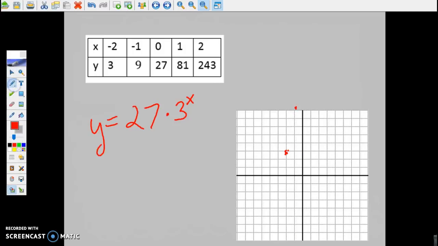What you need to know again is this is going to continue to get bigger and bigger and bigger. It's going to steep up, but as it shrinks down, it is never going to touch that x-axis. It just continues to get bigger and bigger and bigger, and it's growing from left to right.